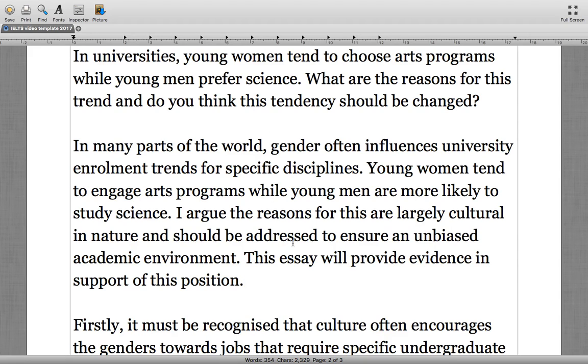In many parts of the world, gender often influences university enrollment trends for specific disciplines. Young women tend to engage arts programs, while young men are more likely to study science. I argue the reasons for this, nice little connection there, are largely cultural in nature and should be addressed to ensure an unbiased academic environment. This essay will provide evidence in support of this position, and the position, of course, is a link back to the sentence prior.